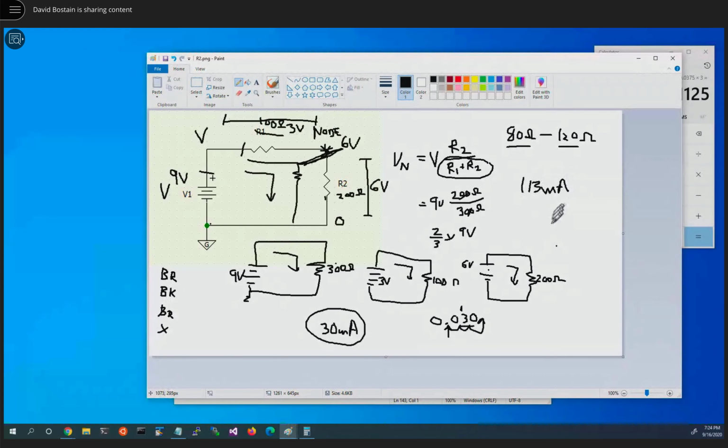The 3 types of power resistors we have are 125 milliwatts, 250 milliwatts, and 500 milliwatts.